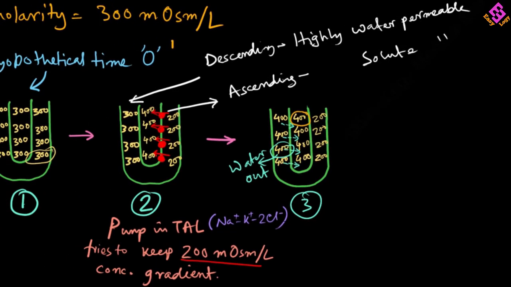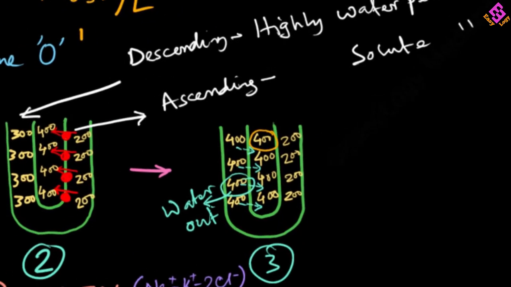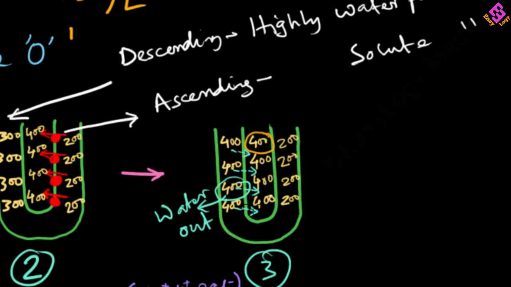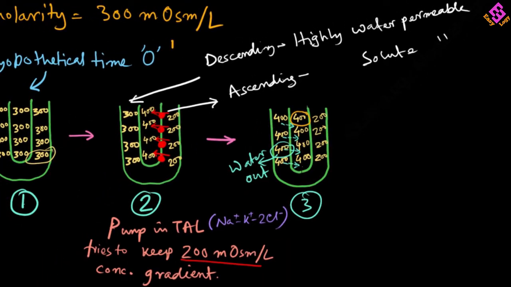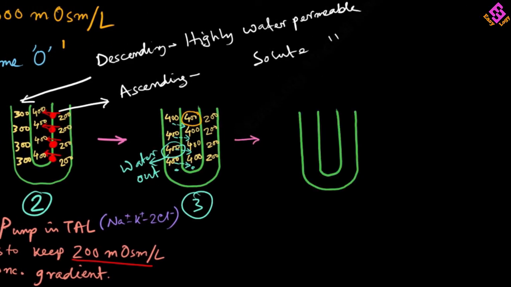So in number 3 situation, we have seen that water is out from descending limb and osmotic equilibrium is established between the interstitium and descending limb. Next, let's see when new fluid arrives from the proximal tubule to the descending limb.